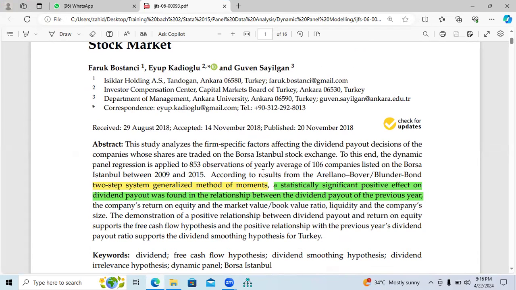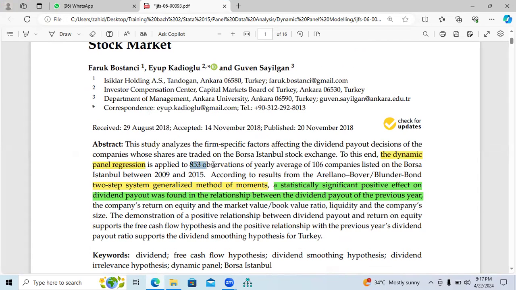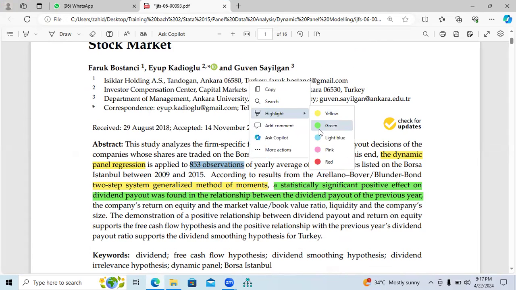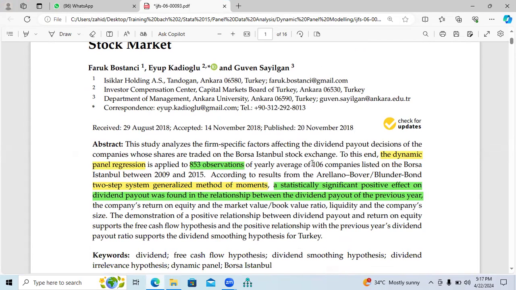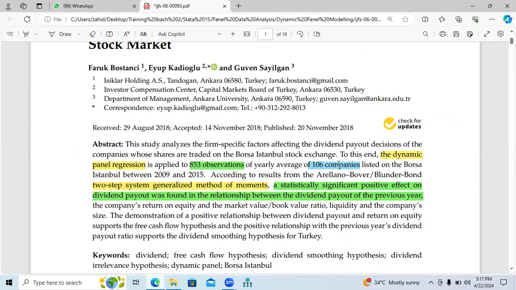If you see in this paper, they have applied the dynamic panel regression on 853 observations. Observations are not important here. We need to understand the number of companies or number of countries. Basically the number of companies here is 106, which is greater than 25, and the time period is less than 25.